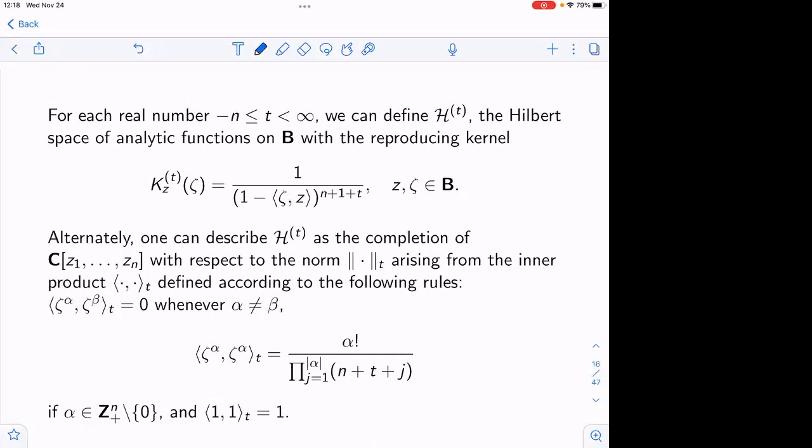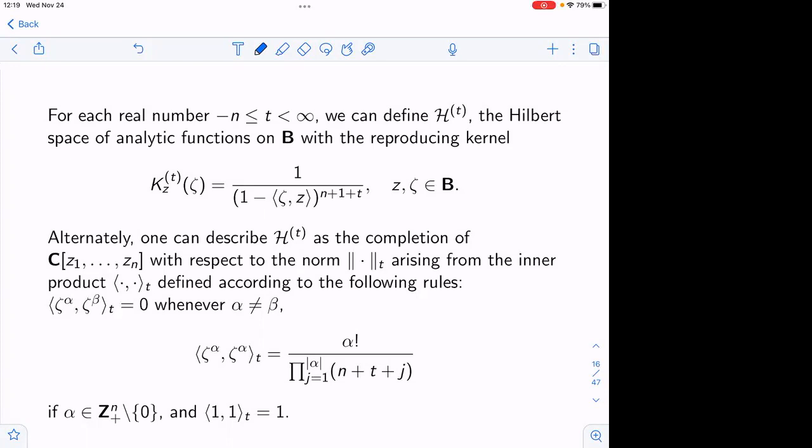Basically, you look at this kernel K_t(z, w). It is 1 over 1 minus the inner product, raised to the power n plus 1 plus t. The reason to emphasize n plus 1 is that I think of it as the starting point, because that's the kernel for the Bergman space on the n-ball.